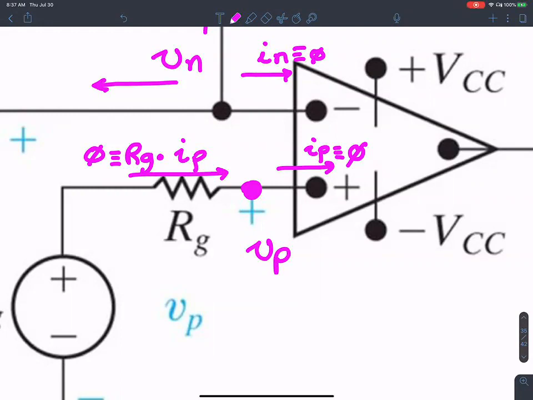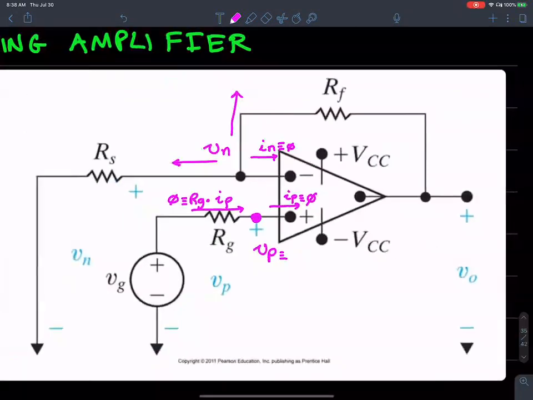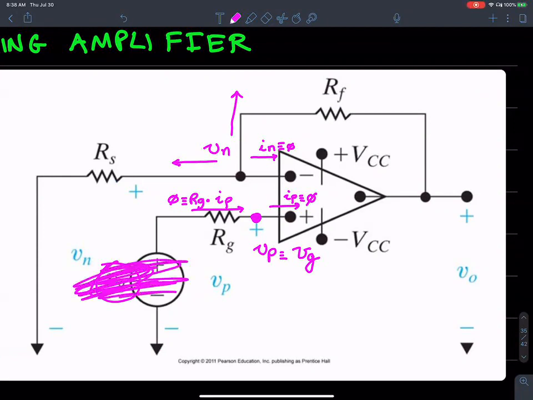So in other words, the Vp here is really what I apply without any voltage loss. So Vp is Vg, because there's no current flowing through this resistance, there's no voltage drop. Whatever voltage is applied here shows up at that node. That's the idea of applying rule number 2.